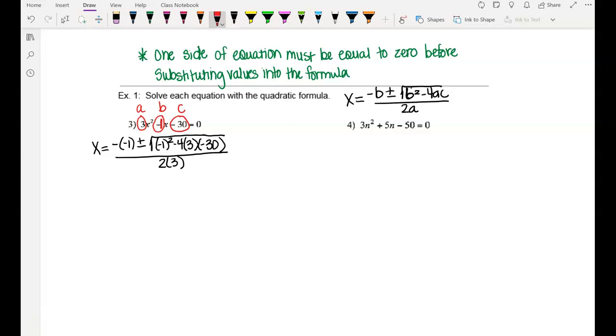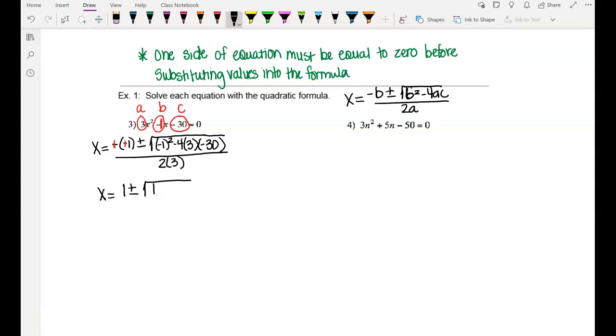Now, I do have a double negative situation out here. The negative 1 would go positive. So x equals 1 plus or minus the square root. Negative 1 squared is 1. Negative 4 times 3 is negative 12.